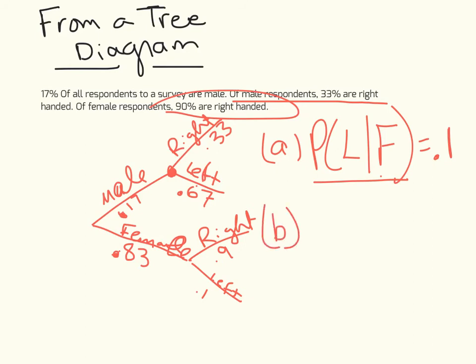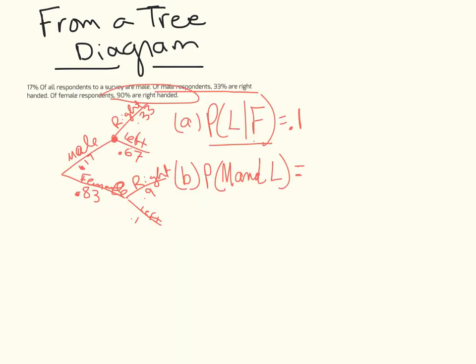Now, we might also have the probability that you are male and left-handed. So this is talking about the bigger survey respondents, right? So this is going to go back to our formula where we know if it's an and probability, we're going to do the probability of male times the probability of being left-handed given you're male.